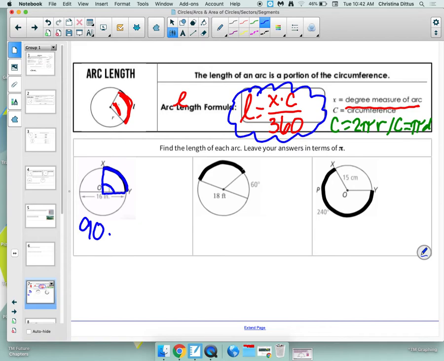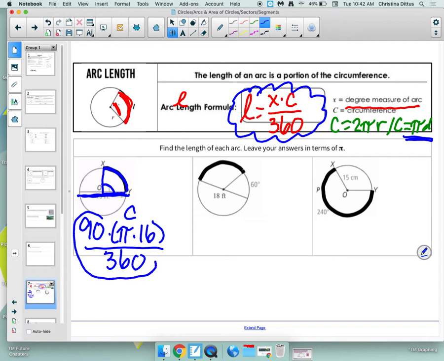Well, this 16 is my diameter, so I'm going to use this formula, pi times d. So our circumference formula is pi times 16, because that's our diameter, and then the formula says to divide by 360.